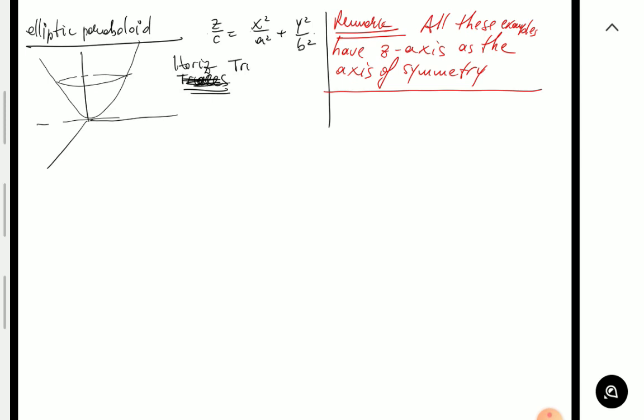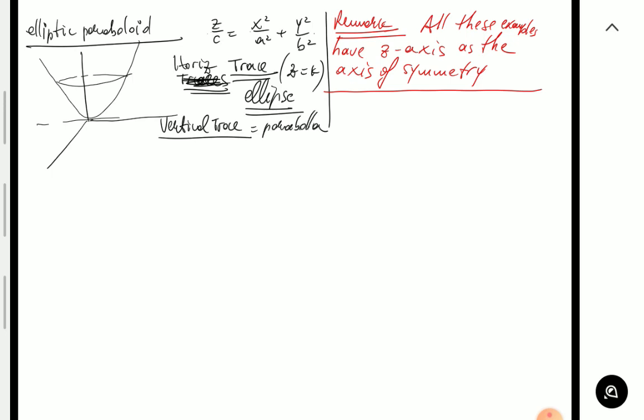So the horizontal trace, that is when z equals k, you fix z equals k, obviously it's an ellipse. A vertical trace, when you cut it with a vertical plane, for example, let's say you have x equal to a fixed number, right? That's going to be a parabola.